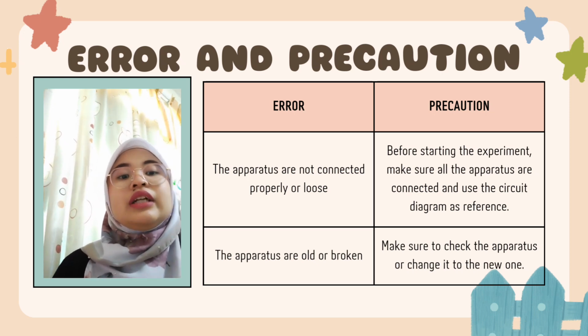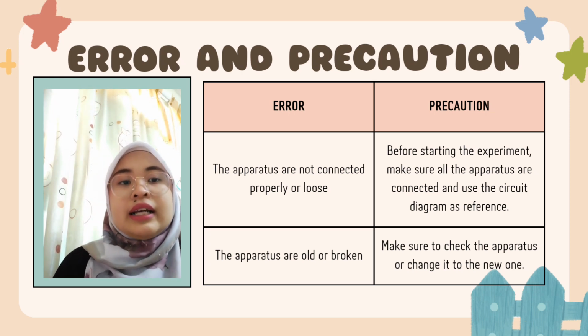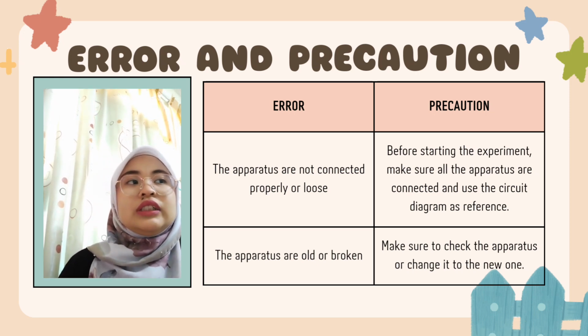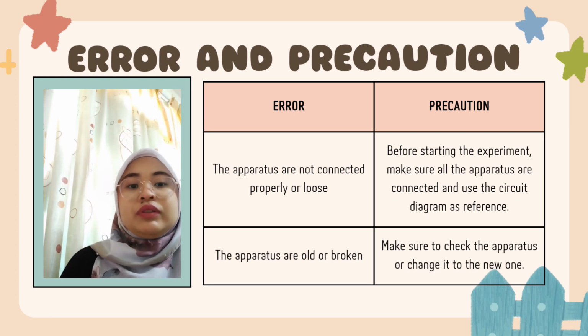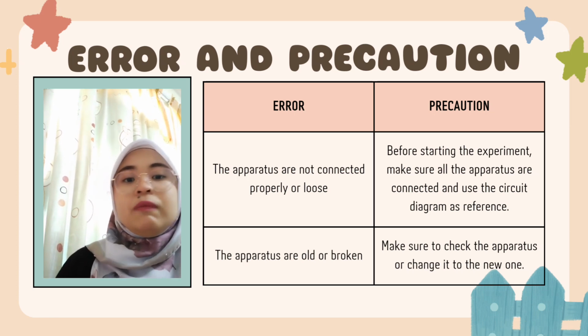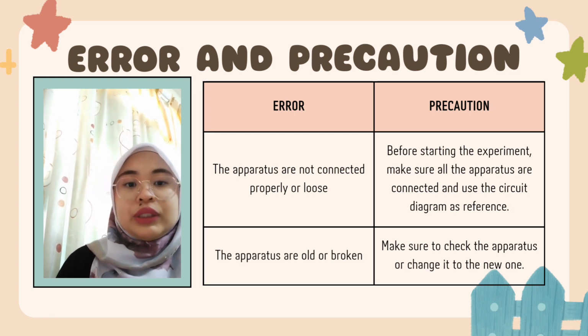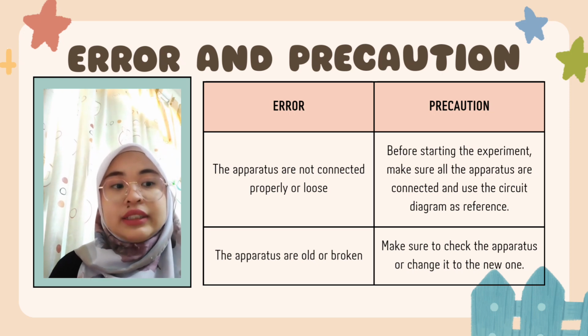The second one is that the apparatus are old or broken. This is common, as we have already experienced before. To prevent this, make sure to check the apparatus or change it to a new one.